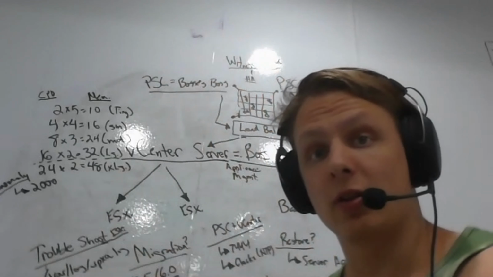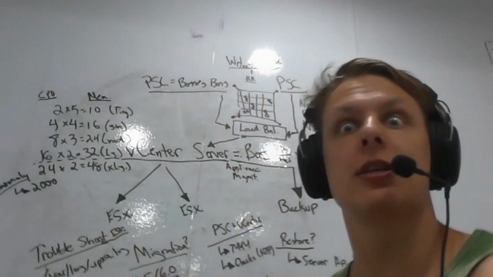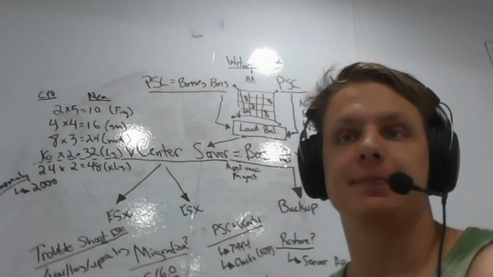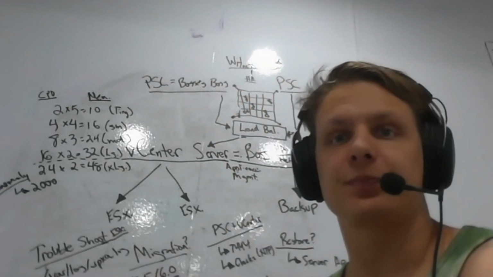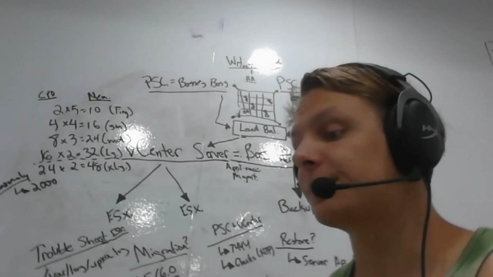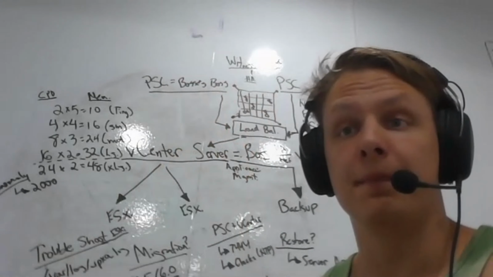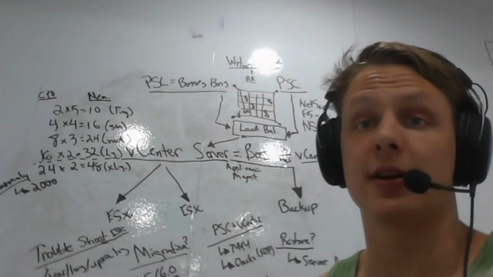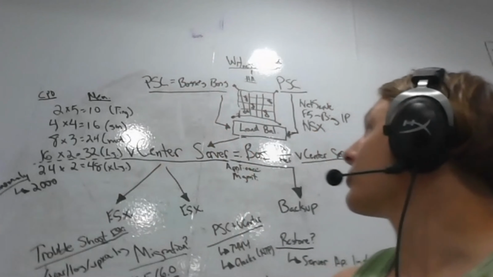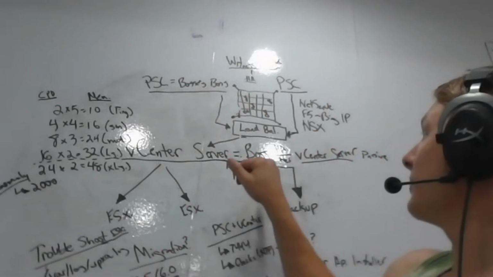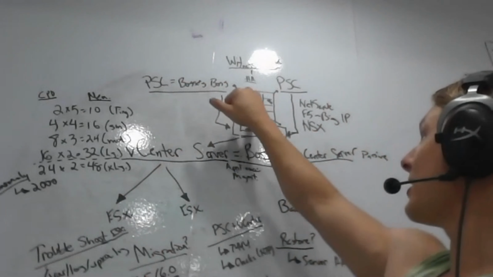This is very important. The witness basically just looks and makes sure that the vCenter servers are not running at the same time. So it ensures what's called quorum between the vCenter servers. Very important. So there's three vCenter servers. They're all communicating through this HA network.